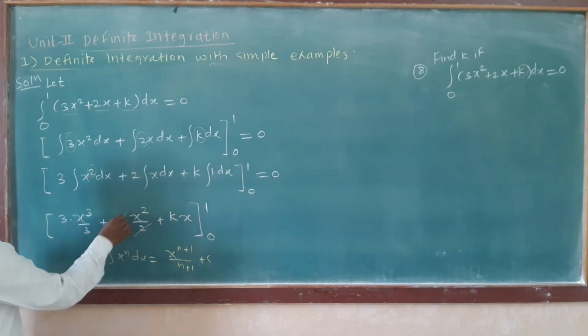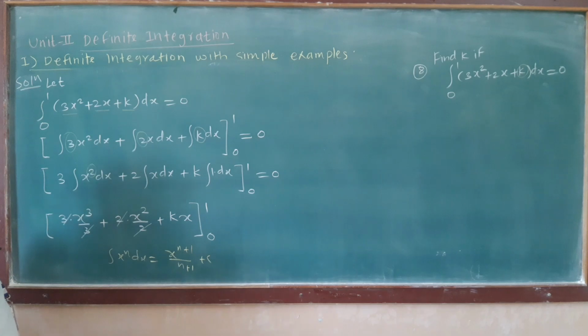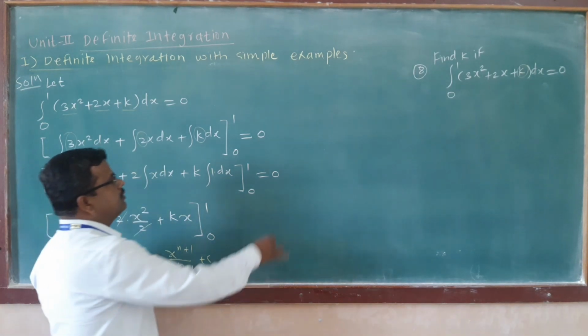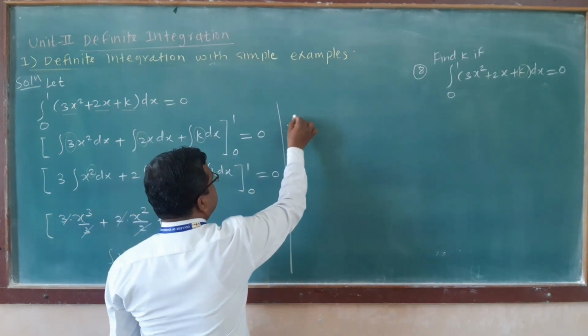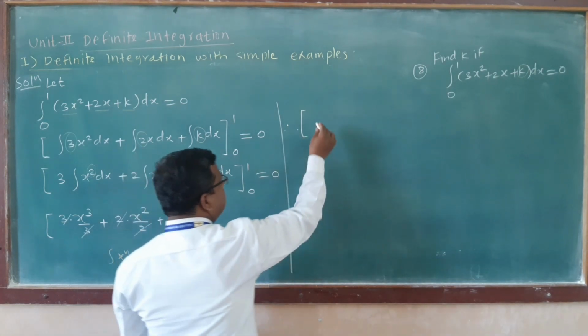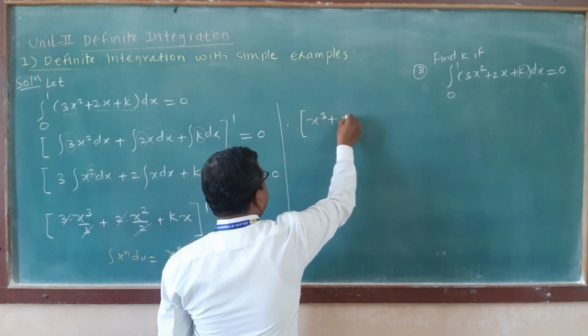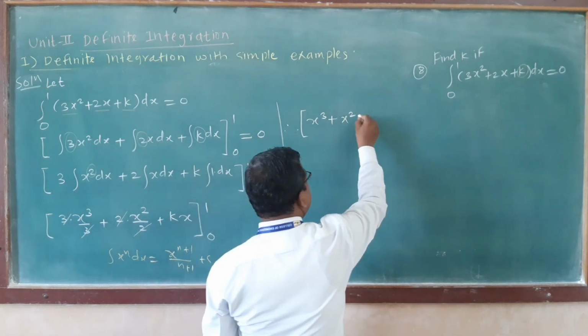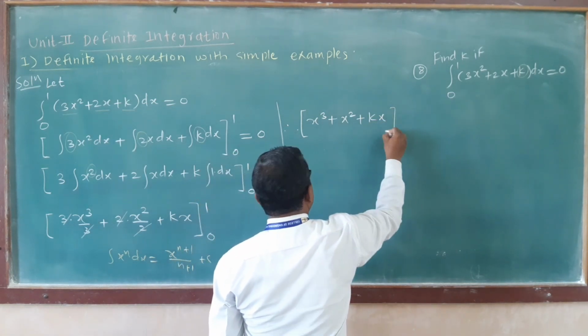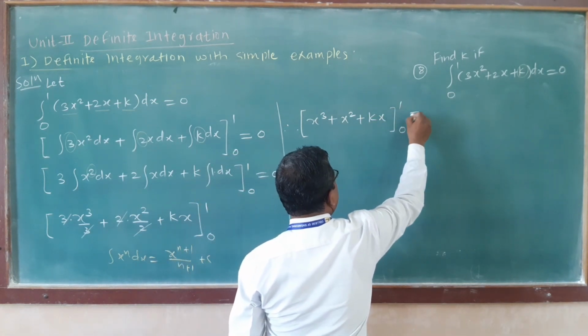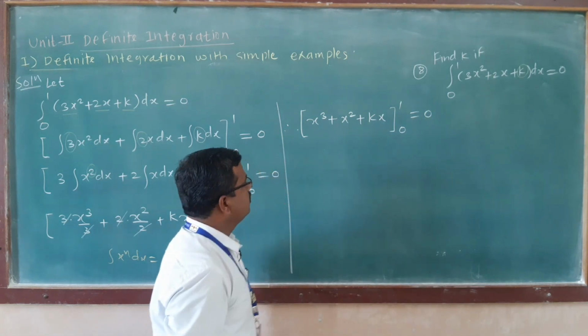Now here 2 and 3 will get cancelled. Therefore we get equation x cube plus x square plus kx within the limit 0 to 1 is equal to 0.